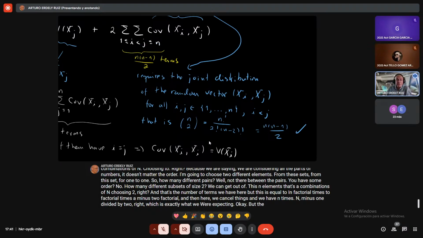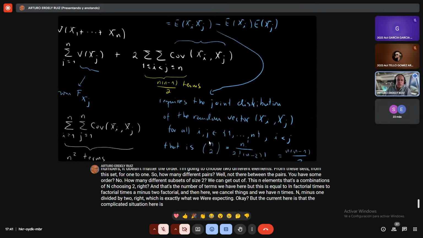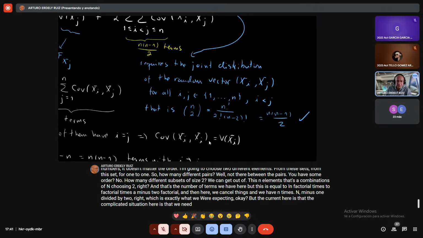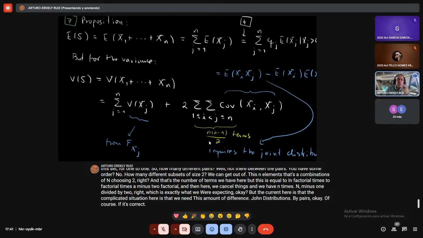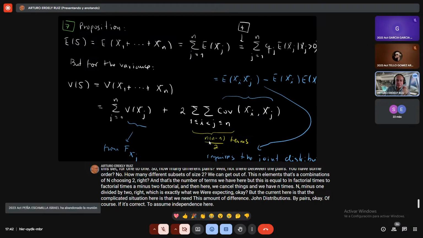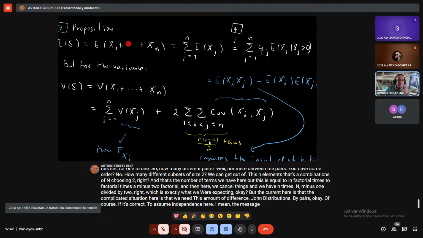But the comment here is that the complicated situation is that we need this amount of different joint distributions by pairs, okay? Of course, if it's correct to assume independence, the message is this one.